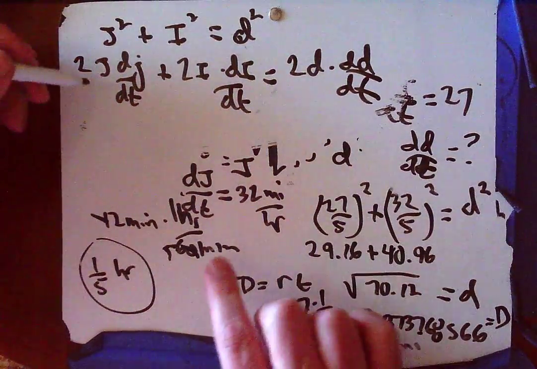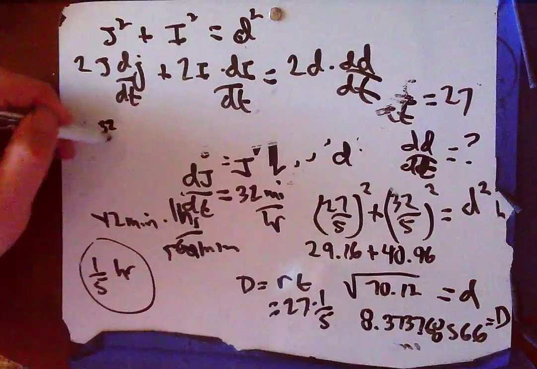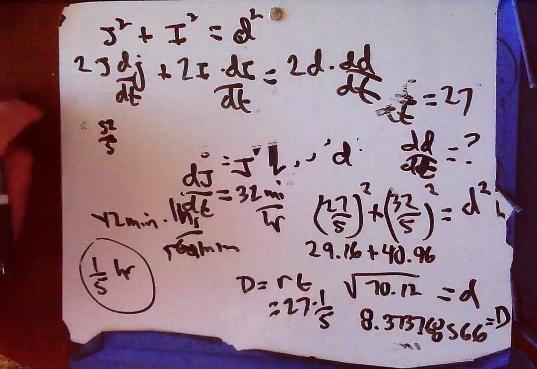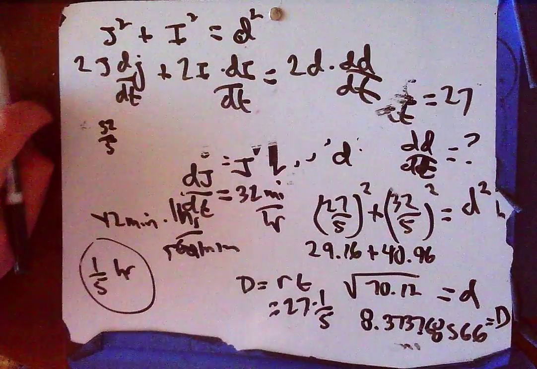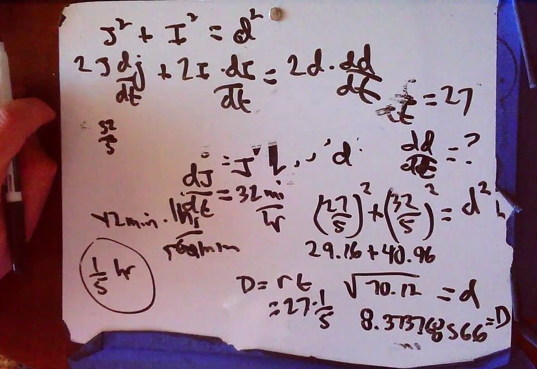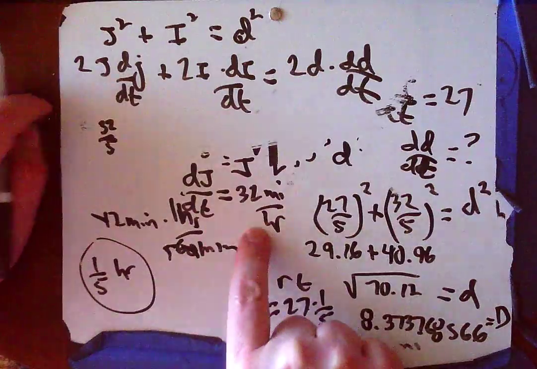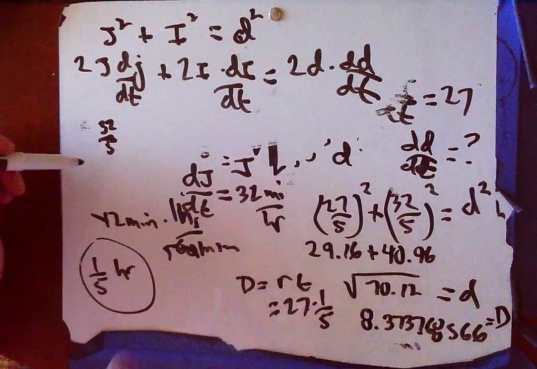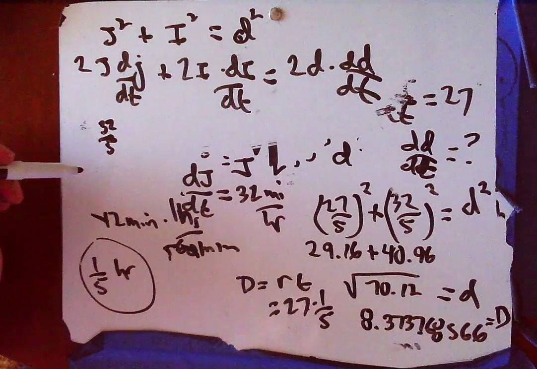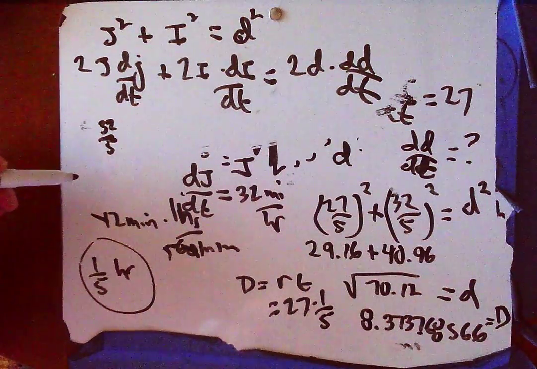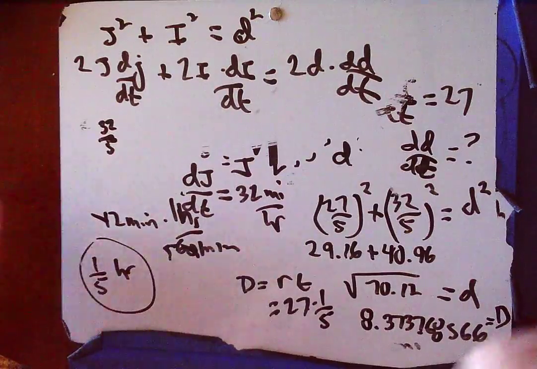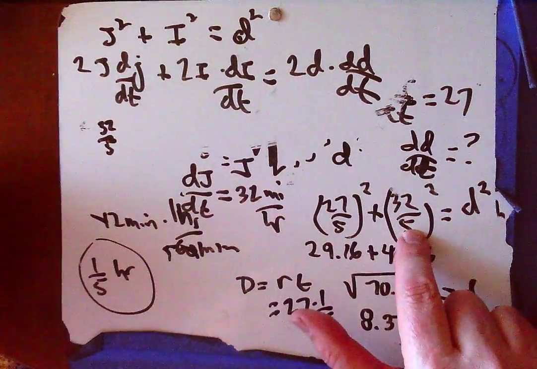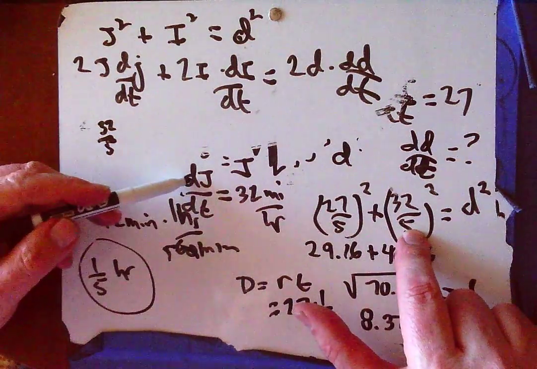So j was 32 over 5, or was it 27 over 5? dJ/dt. That's 32 over 5 times, oh no, that was our j. Grr, hates erasing. These are the distances. But what about the rates?